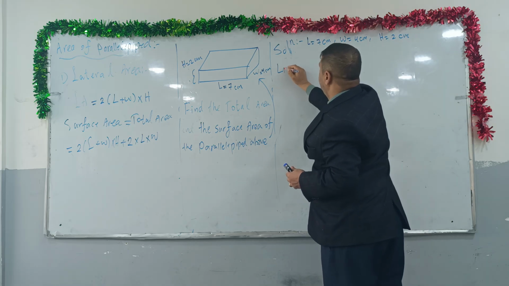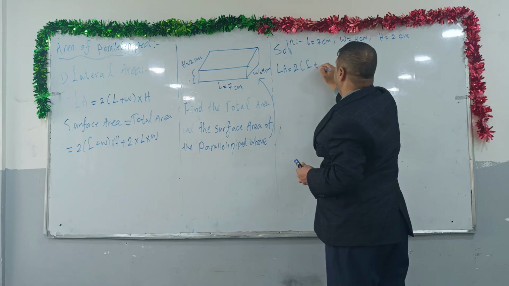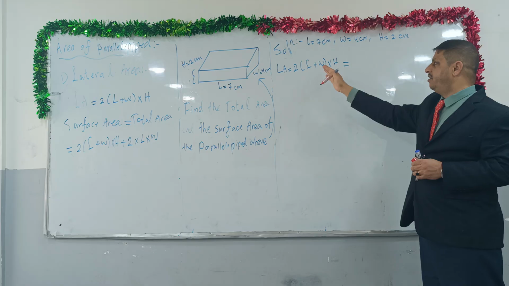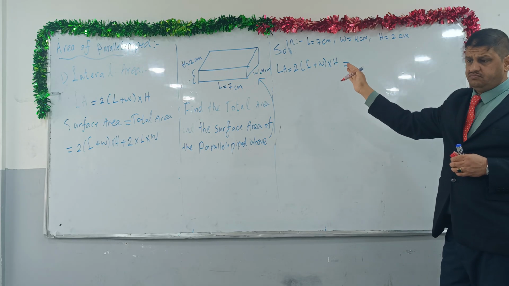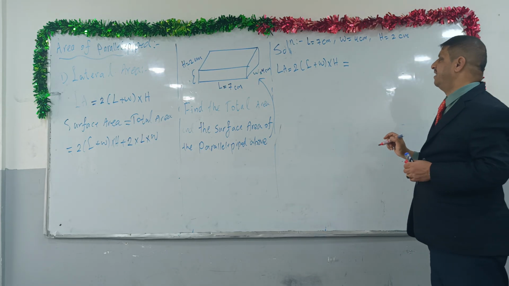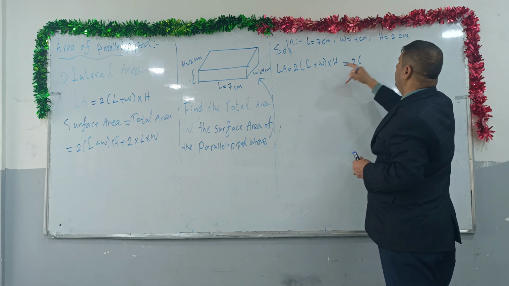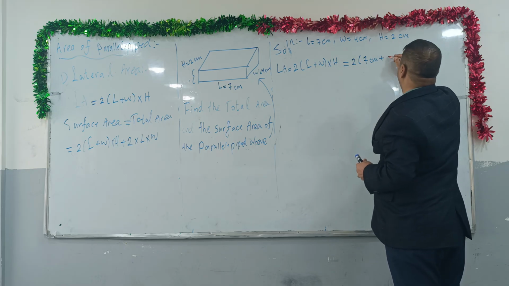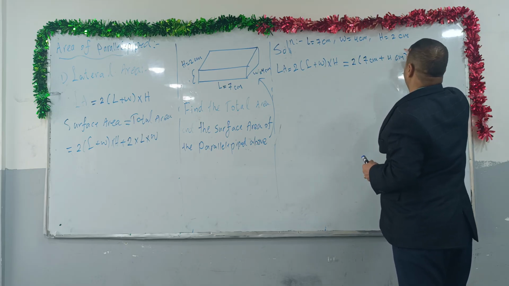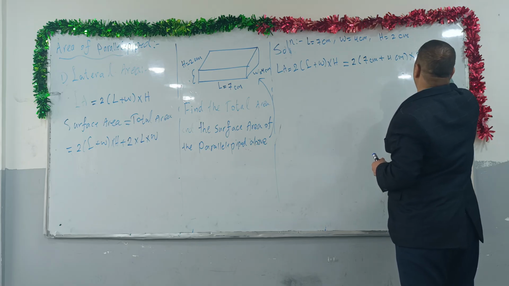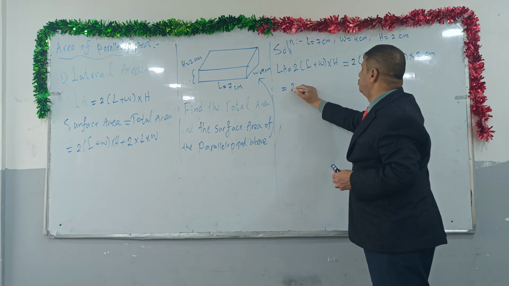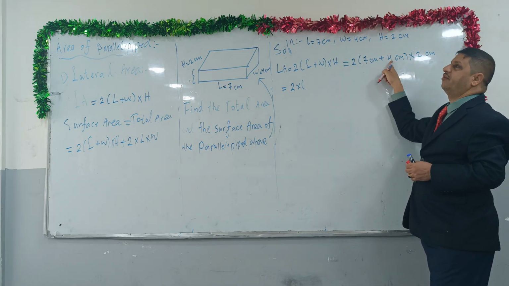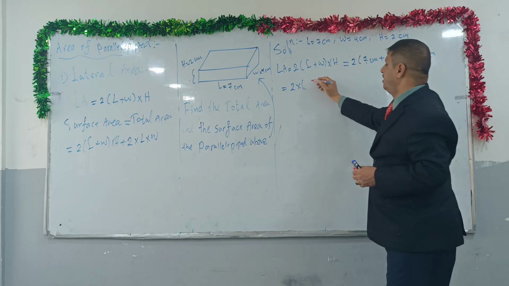Thus, lateral area equals 2 times L plus W all times H. I wrote down the law of finding the area, which equals 2 times length 7 centimeter plus width 4 centimeter, times height 2 centimeter, equals 2 times 7 plus 4, 7 centimeter plus 4 centimeter, 11 centimeters.